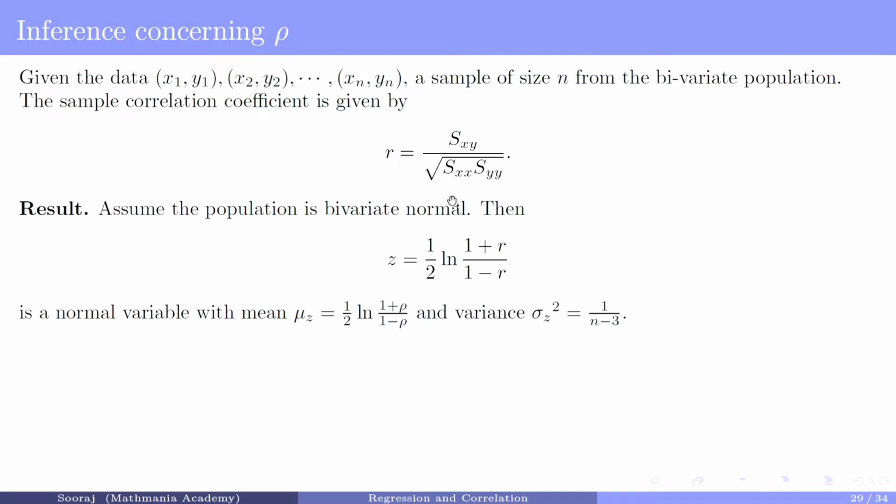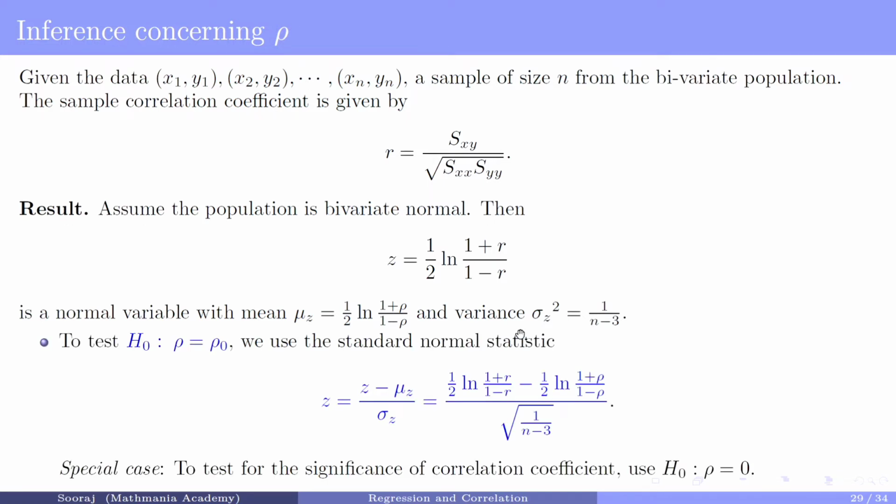then we define the z statistic to be like this. This z statistic of course has some mean and variance. The mean is given in terms of rho, and the variance is given in terms of the number of data points that we have taken. Now, it is a z statistic, not a standard normal one, it is simply a normal one.